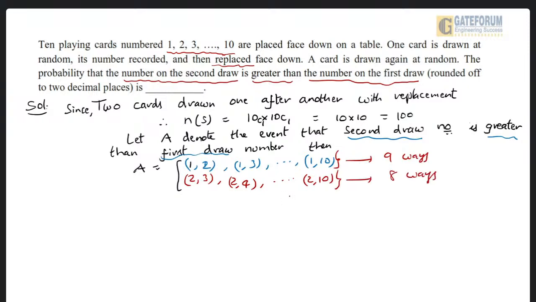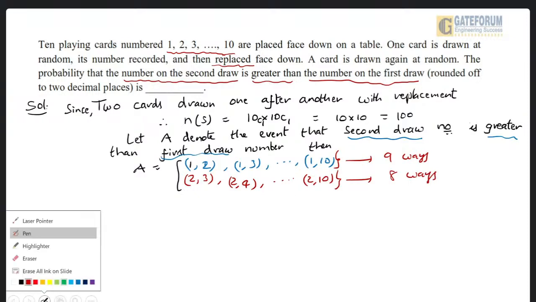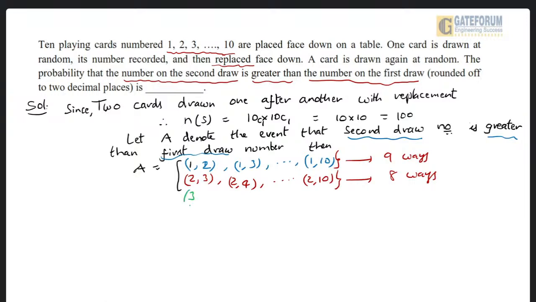Now if the first draw is 3, the second draw is possibly 4, 5, 6, that is (3,4), (3,5), and so on (3,10). So this is 7 ways.